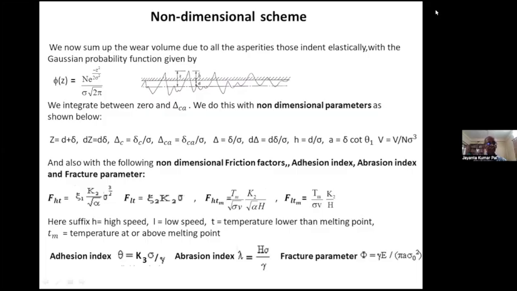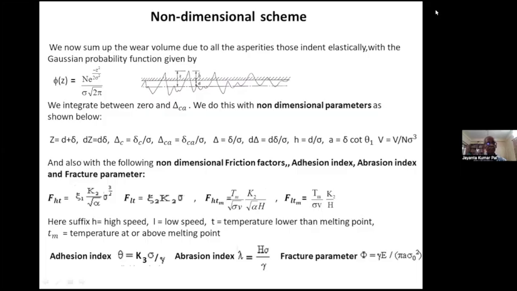Adhesion index, which has been discussed earlier and which was first proposed by Fuller and Tabor, and we have modified this for our use in polymer wear, and there we define it as theta is equal to K3 sigma by gamma. K3 is the elasticity constant, sigma is the standard deviation, and gamma is the surface energy.